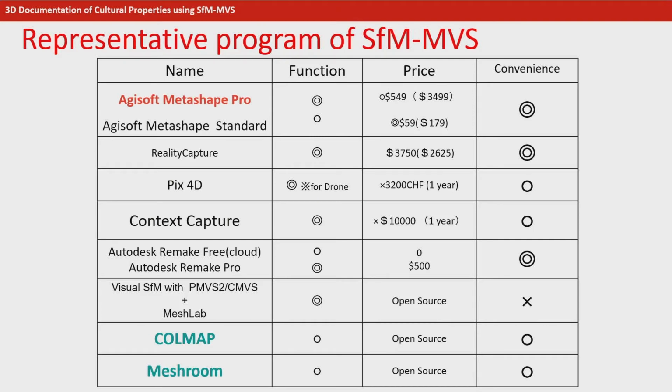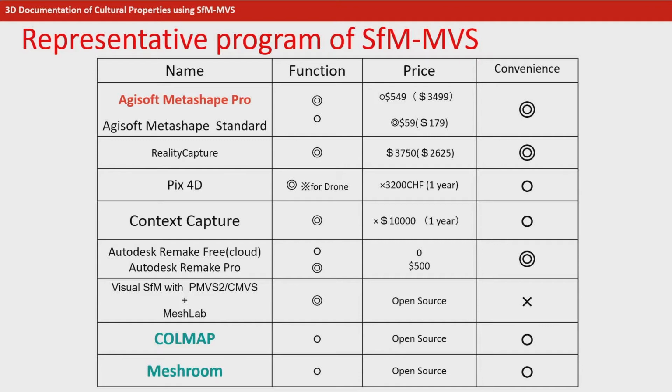These are the representative programs that execute SFM MVS. Probably the most popular software is Metashape by Agisoft. Metashape is offered in professional and standard versions. If you have the professional version, you can do what you need for the 3D documentation of cultural properties.